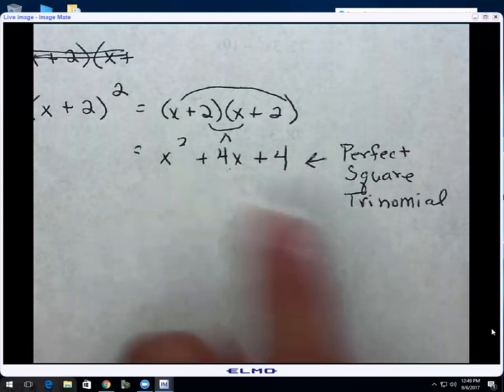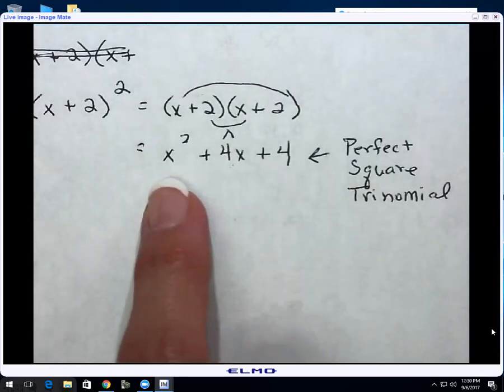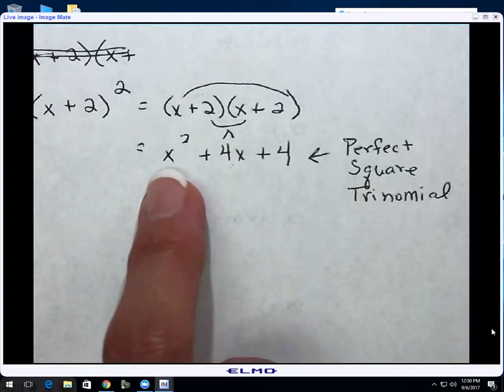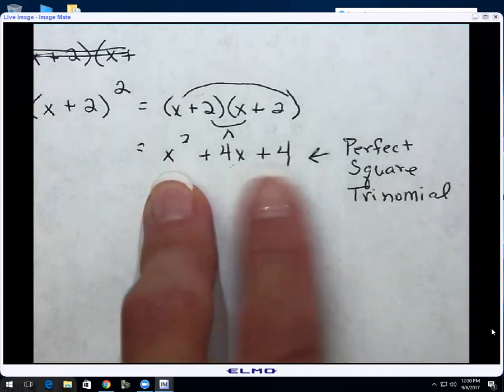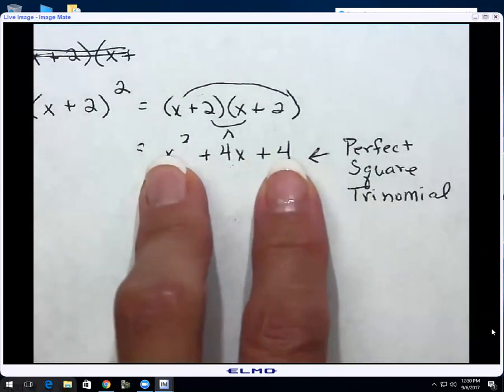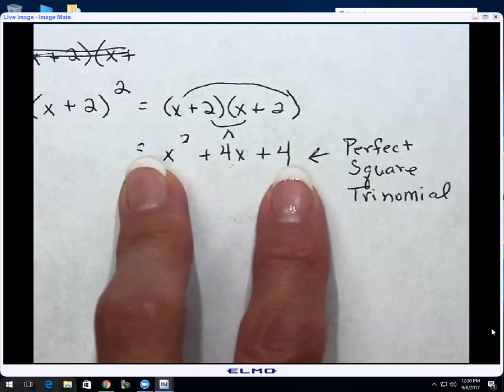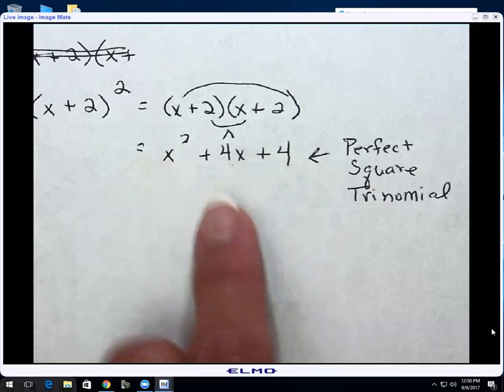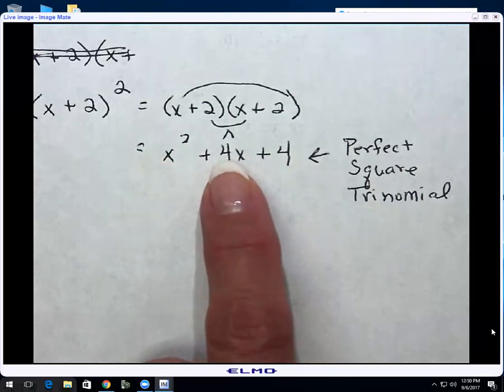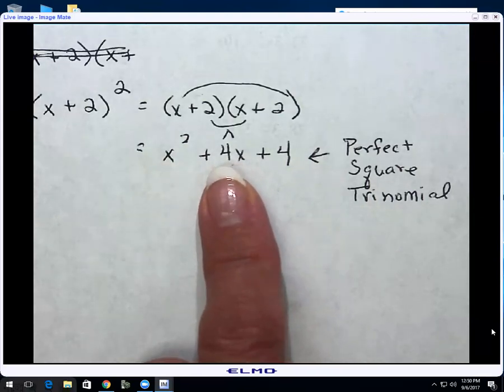Here's the third test. You take the square root of the first term, which is what? X. The square root of the last term, which would be 2. You multiply those and get x times 2 is 2x. If doubling that gives you the middle term, then it's a perfect square trinomial.